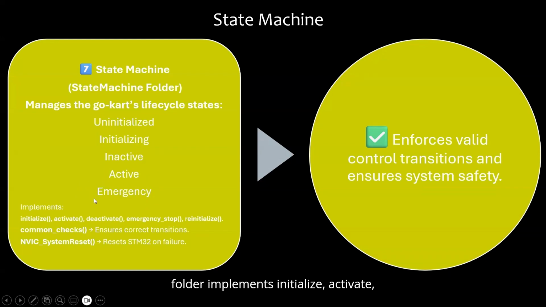This folder implements initialize, activate, deactivate, emergency stop, reinitialize, all very fundamental functions. It implements common checks, which ensures correct transitions, and NVIC system reset, which resets the STM32 if there's a major failure in the system. This enforces valid control transitions and ensures the system safety.